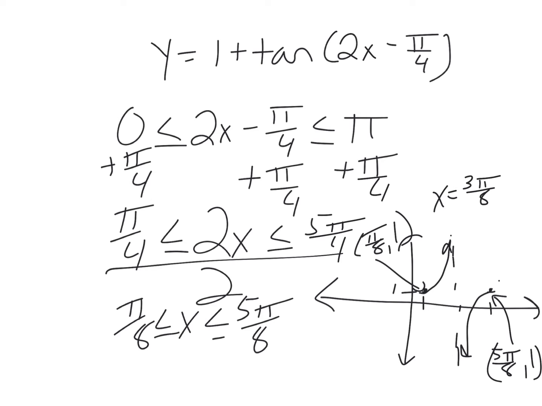And tangent of 3 pi over 4 is negative root 2 over 2, because it's 3 pi over 4. So that will get us 2 minus root 2 over 2, which is about 0 point something. So right there, halfway, would be about there, and it's going to keep decreasing.